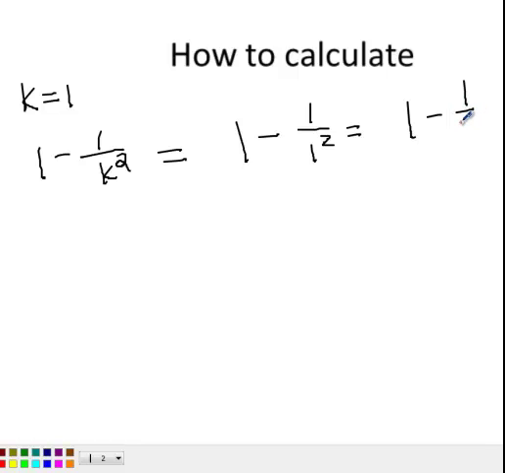So you have 1 minus 1 over 1. 1 over 1 is just 1. So you end up with 0. So for one standard deviation, you cannot calculate. So we cannot come up with a percent for one standard deviation.